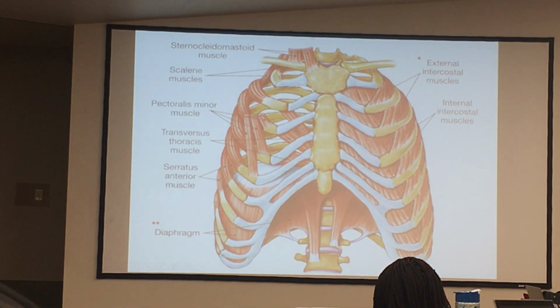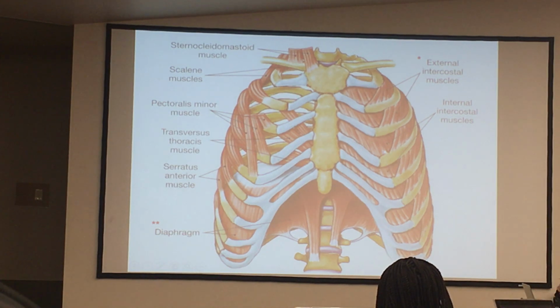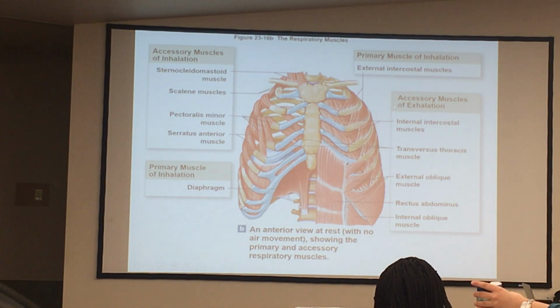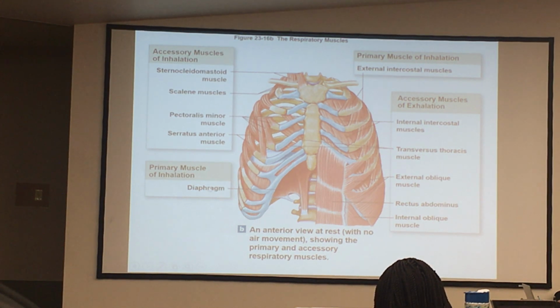And so where is the location of the external intercostal muscle? You can see that it is outside, in between the ribs. Okay. Internal will be a little bit deeper there. With the abdominal muscle, you know another muscle, right? And so here they put primary muscle for inhalation. Primary muscle means that during the resting condition, we involve the external intercostals, and the other one is the diaphragm, a very big muscle. Okay.